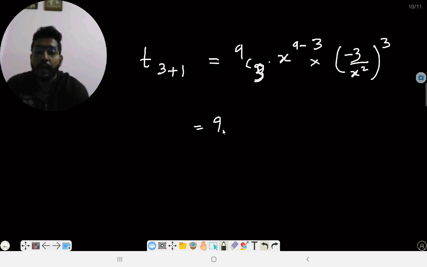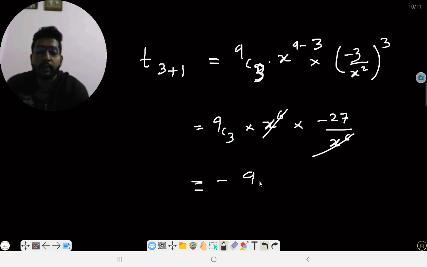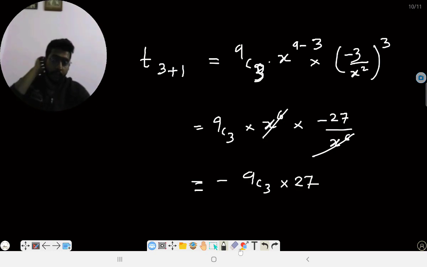So it will be 9C3 into x to the power 6 into minus 27 by x to the power 6. That will cancel out. So the answer will be minus 9C3 into 27.